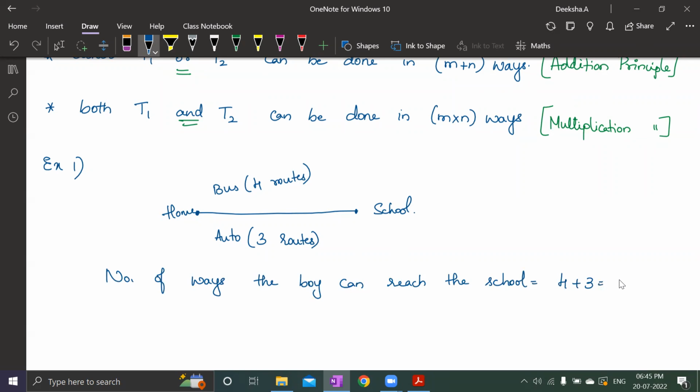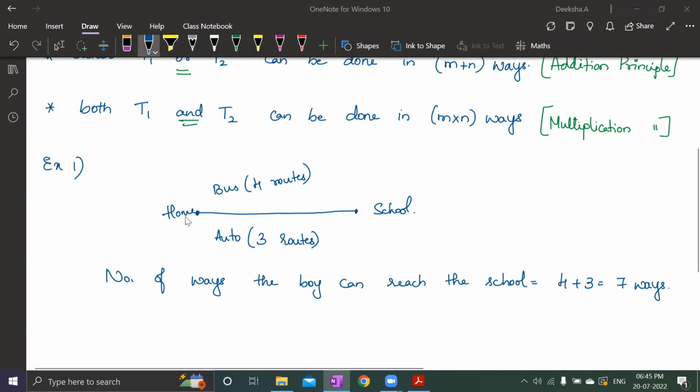Either by bus or by auto, isn't it? Understood this? Not 12, either by bus or by auto, not by both. He can't go by both bus and auto.